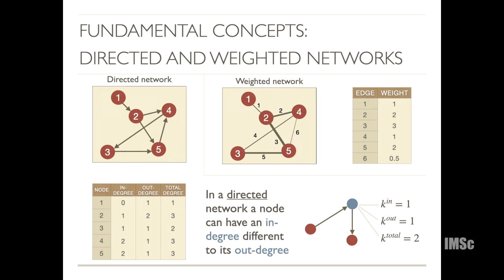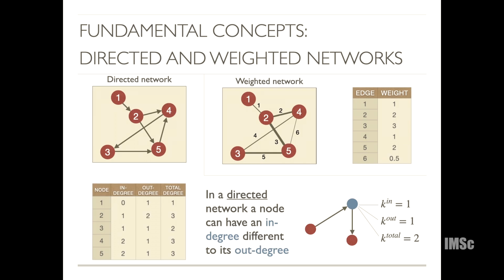Another type of attribute that you can give to a link is some weight. Let's talk about a scenario where you have a bunch of individuals, and you're looking at the number of times that an individual interacts with a neighbor.